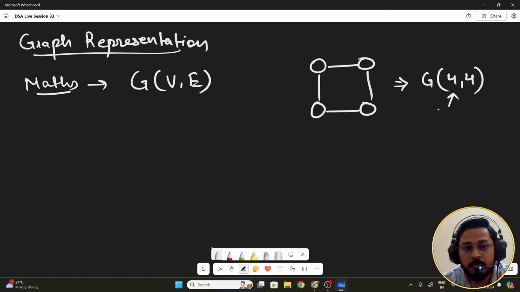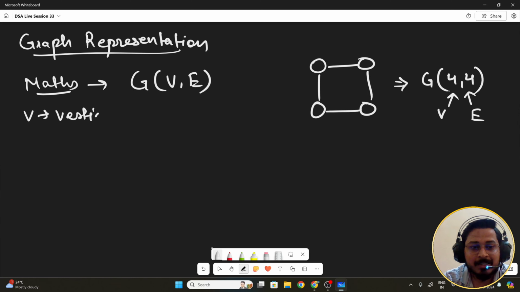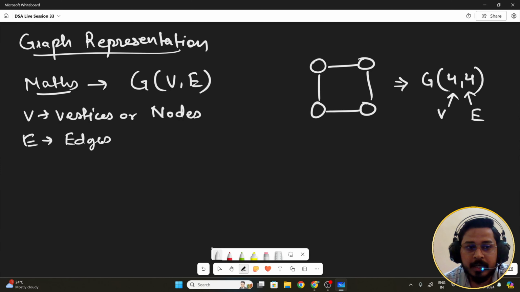V is for vertices and E is for edges. Here V means vertices or nodes, and E is for edges. I hope this is very, very much clear to all of you. Absolutely clear, right?